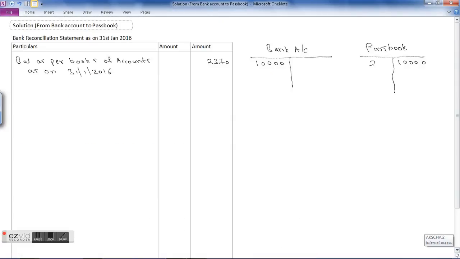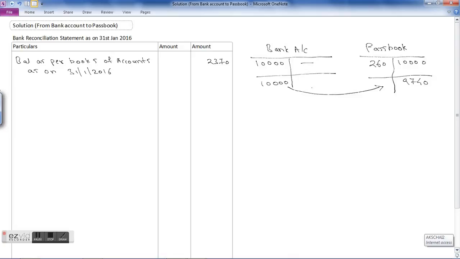So in the passbook I'll put 260, in the bank account there is nothing, so balance as per bank account is 10,000, and balance as per bank statement comes to 10,000 minus 260, that is 9,740.